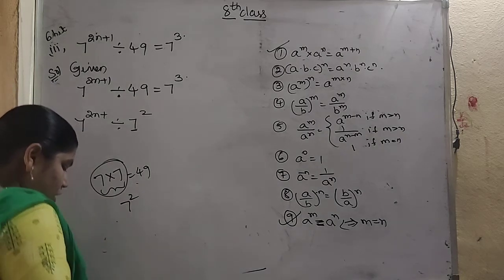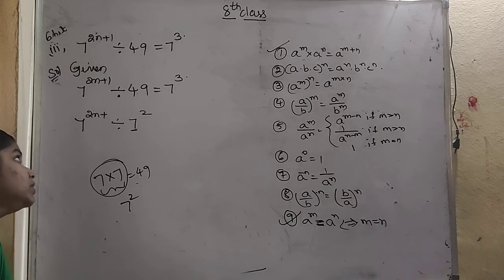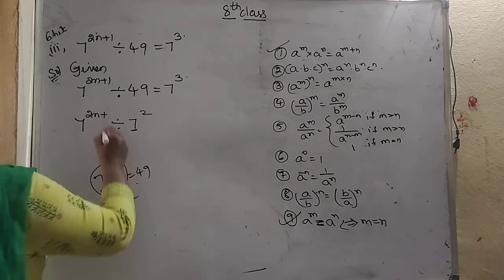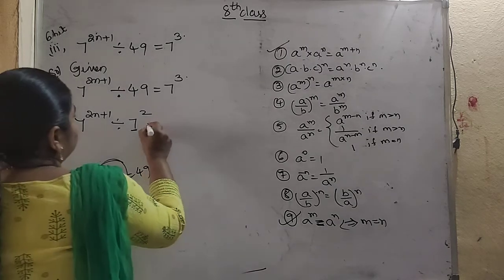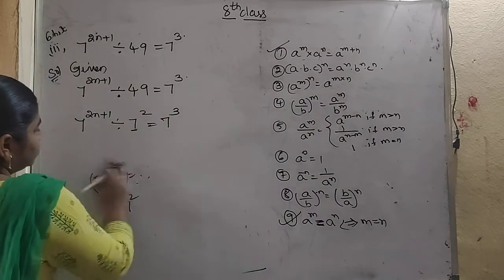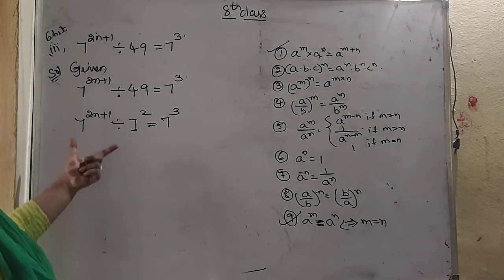7 we are multiplying how many times? We are multiplying 2 times. So here 7 power 2n plus 1 divided by 7 square is equal to 7 cube. So now, how to divide two rational numbers?